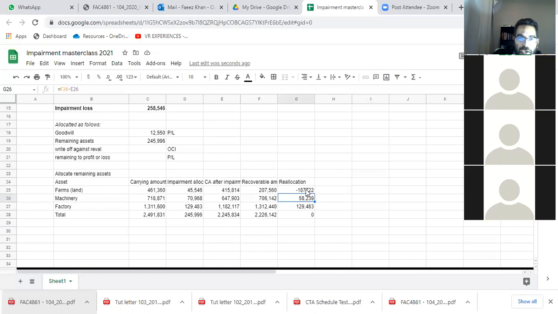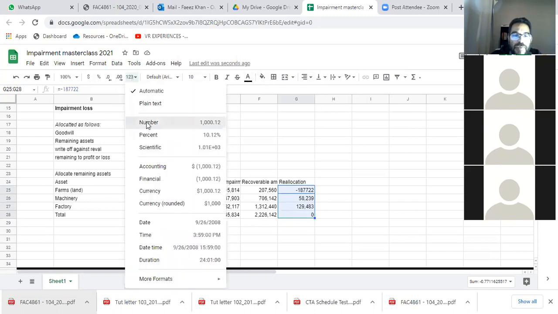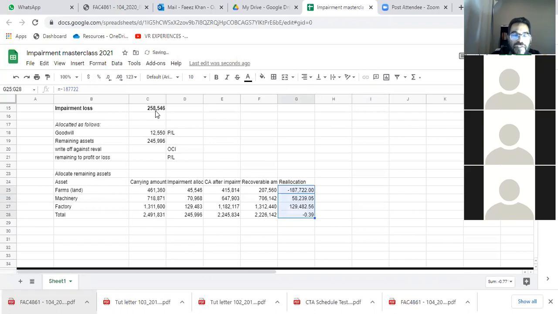So that is okay. You should just make sure that the farm is not going to be less than its recoverable amount. So we can quickly do that check.